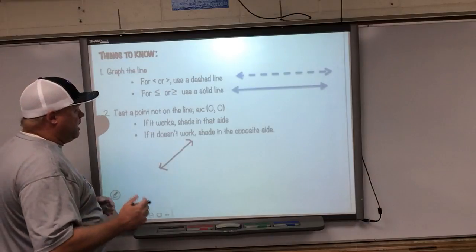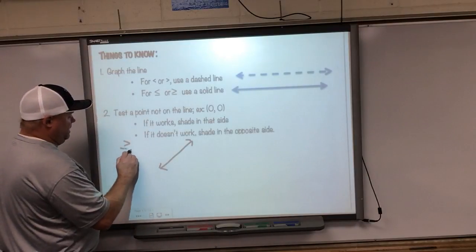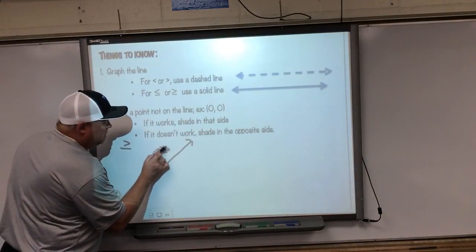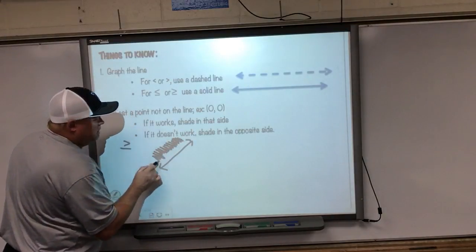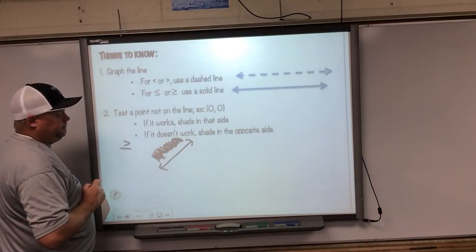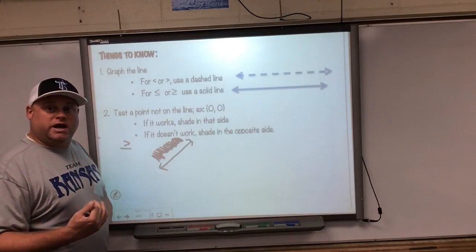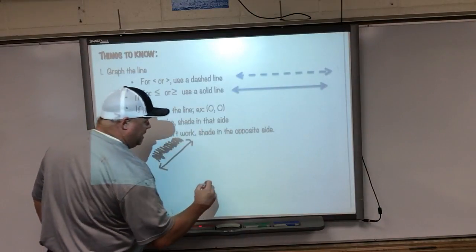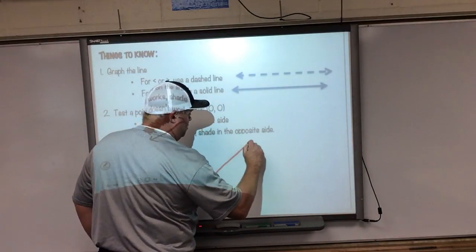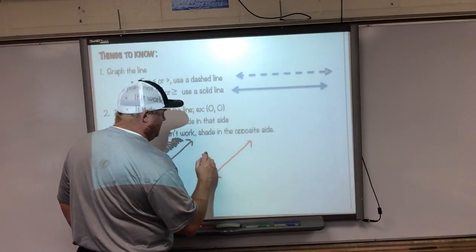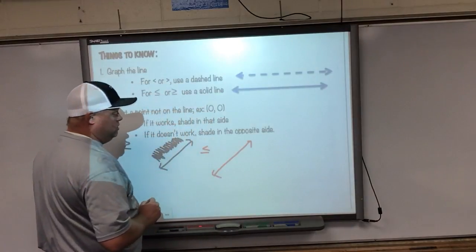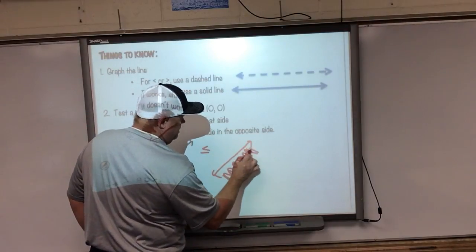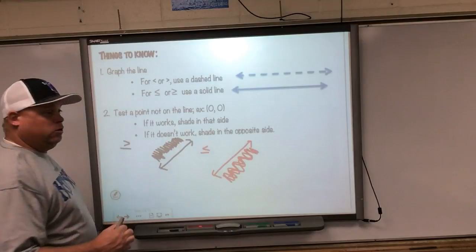If this is a greater than or equal to, and I'm going to write it out here like this, I'm going to shade above the line. I want to be above the line. So if I'm a greater than, then I'm going to go above the line. If I'm the same positive slope line, but this time I was a less than or equal to, I am going to shade below the line.